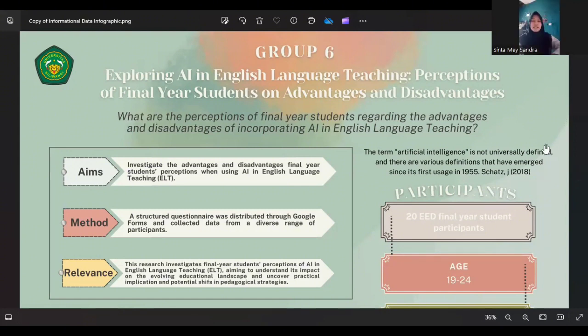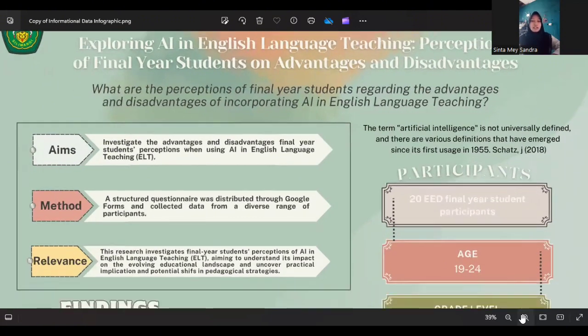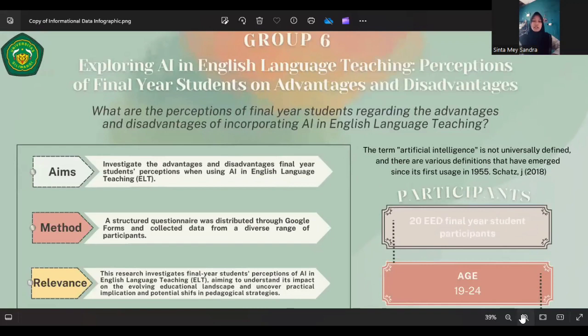Thank you to Sharla. So for the next is the material about the definitions of AI, the participants, and the research question, which will be delivered by myself. According to Day 2018, the term artificial intelligence is not universally defined, and there are various definitions that have emerged since its first use in 1955.